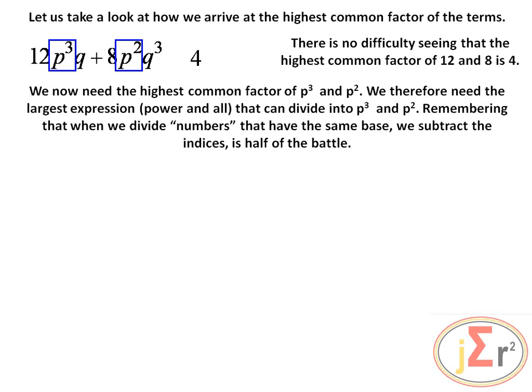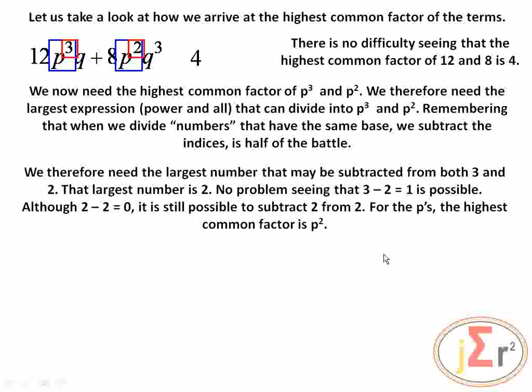Remembering that when we divide numbers that have the same base, we subtract the indices, is half of the battle. So we do not say the two numbers that can go into 3 and 2, because they are indices. When we are thinking about division, we subtract the indices. And if we remember that, then that is half of the battle. What is the rest of it?